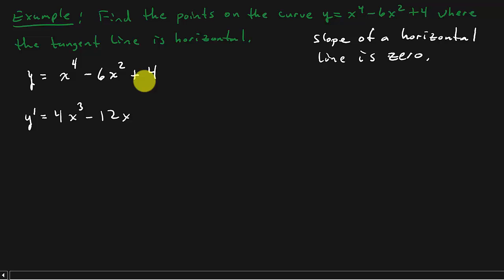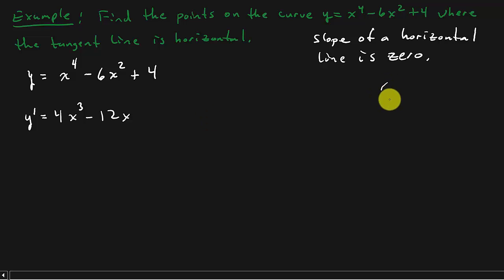So the slope is 0, right? So what that's telling me is I need to know what x values I need to plug into here so that I get 0 as an answer, right?